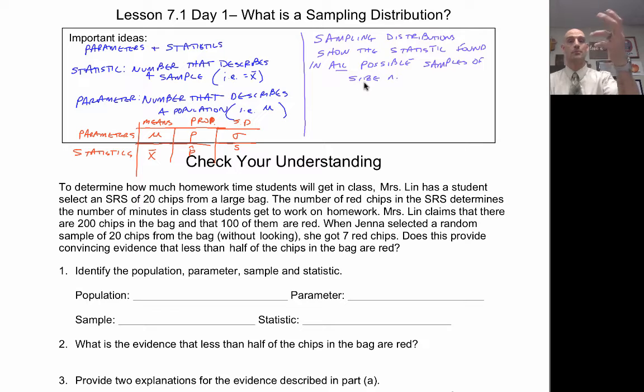So what we did up top, when we took all possible samples of size 2, we made a population distribution, or sorry, a sampling distribution of all of those samples of size n. And so our sampling distribution might look something like this, right? Sampling distribution.